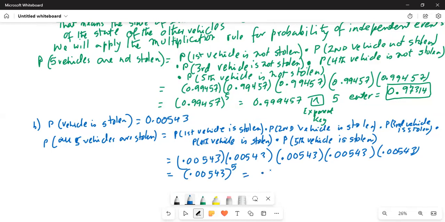So in our calculator, we type in 0.00543, then press the exponent key, to the power of 5, and then enter. And the answer is almost 0 actually, but we will write the whole thing down.